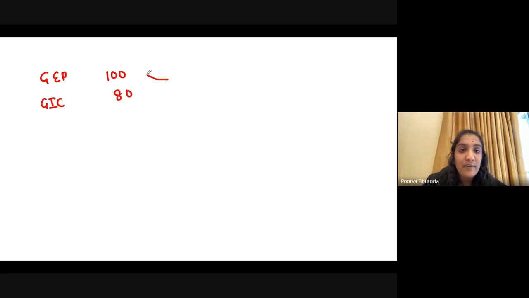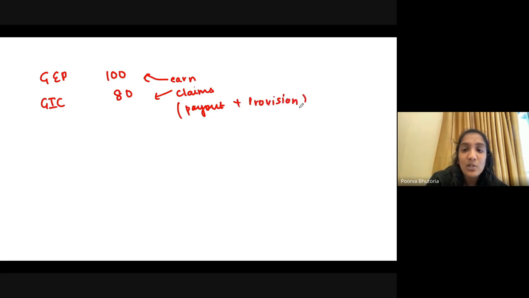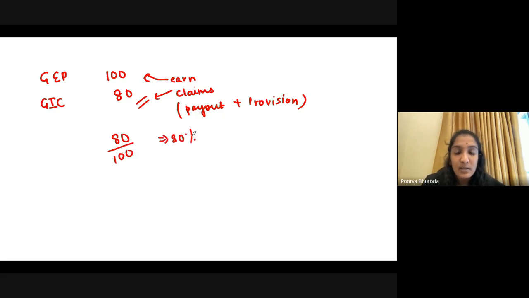So basically, for every 100 rupees that you earn, you pay out 80 as claims. Not necessarily just payout plus provision, but for these 100 rupees, you will eventually have to pay 80 in ultimate. So your gross incurred claims ratio is 80 over 100, that is 80%.